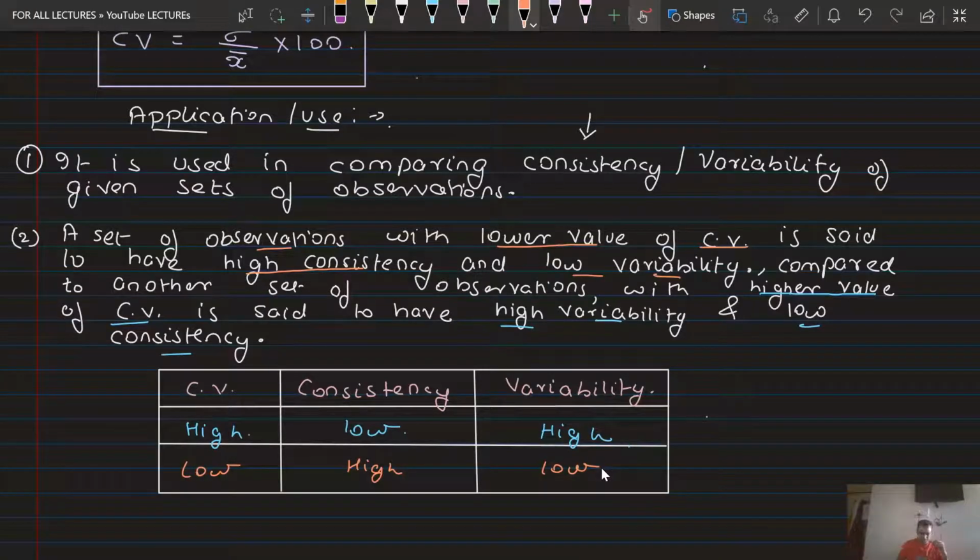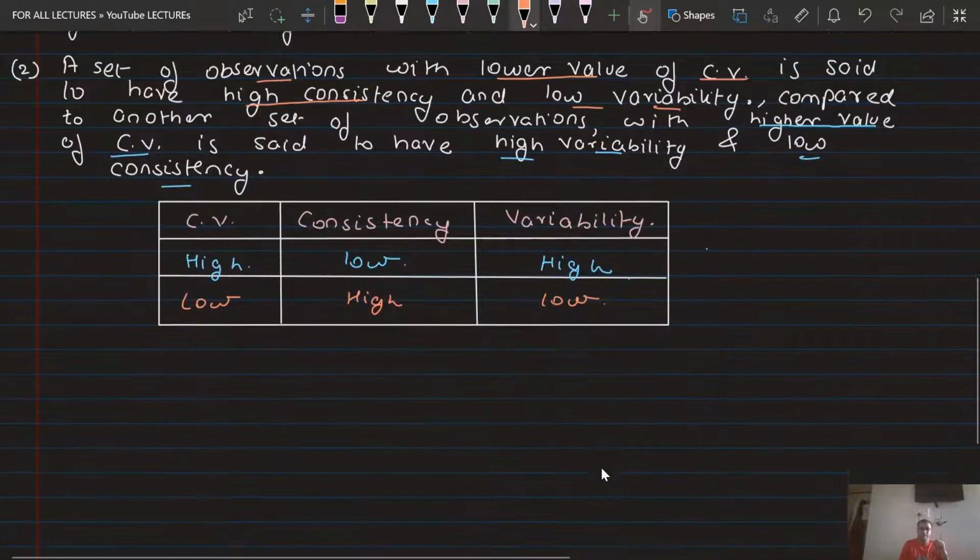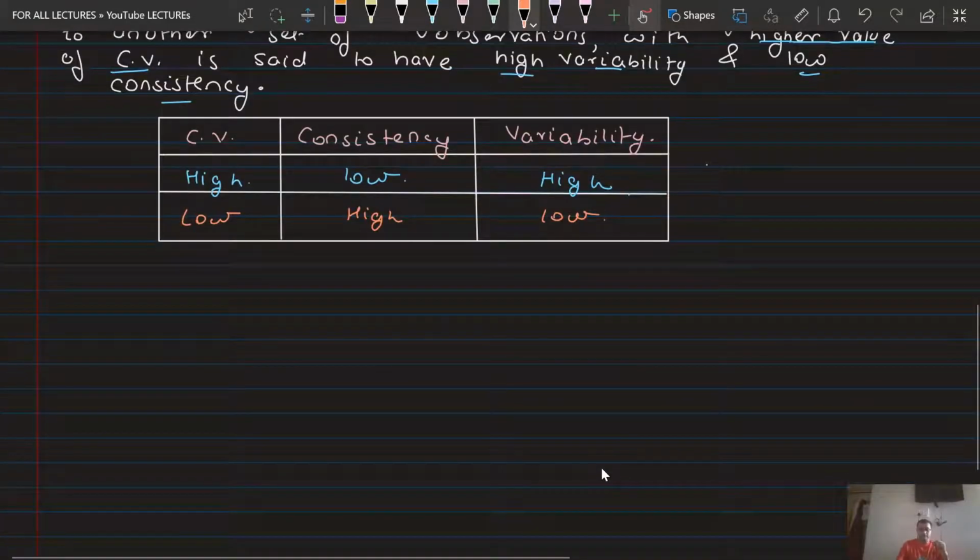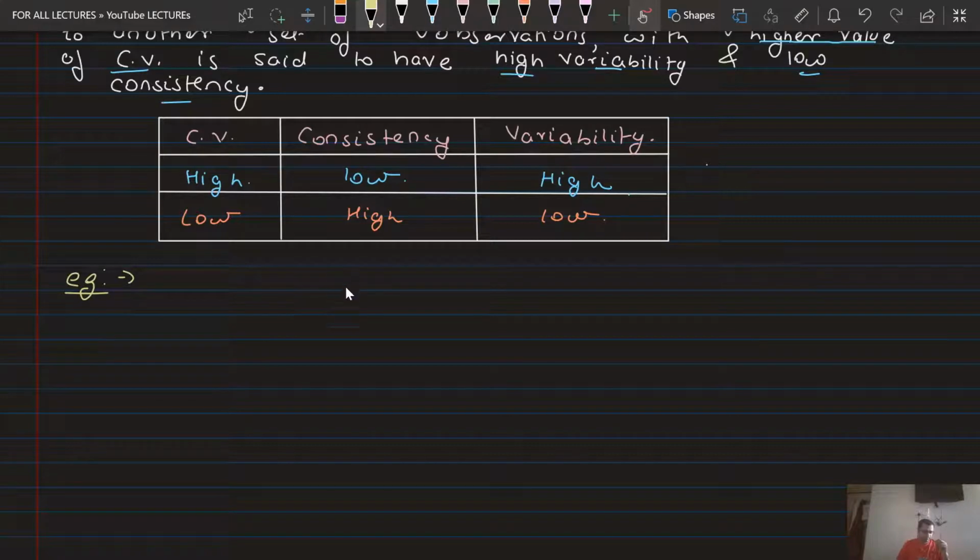Okay. Now see, now I will explain this with the help of an example so that it becomes very clear in your mind. So let me take an example. Just understand this. Suppose I have two groups, group 1 and group 2.